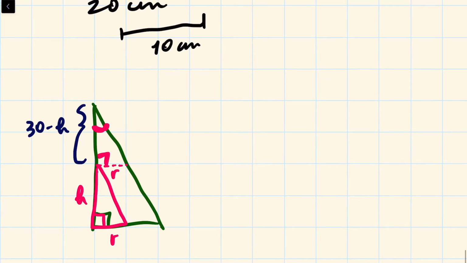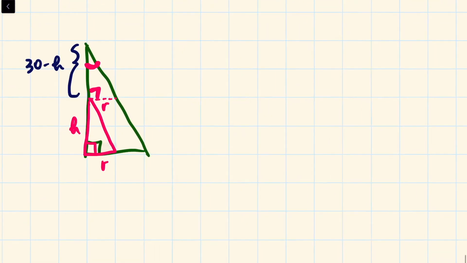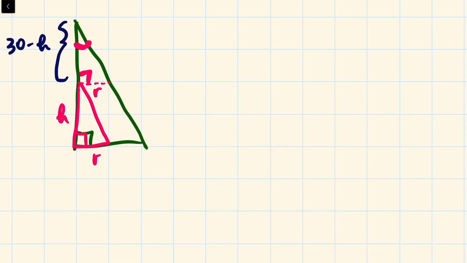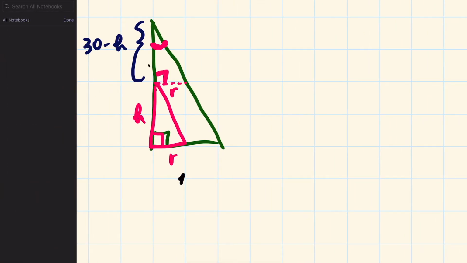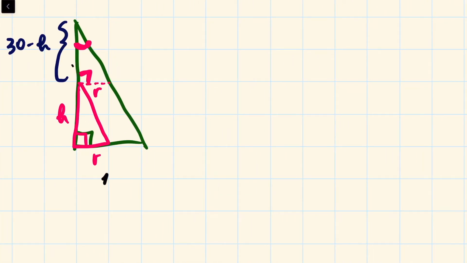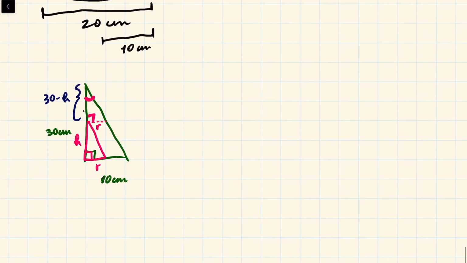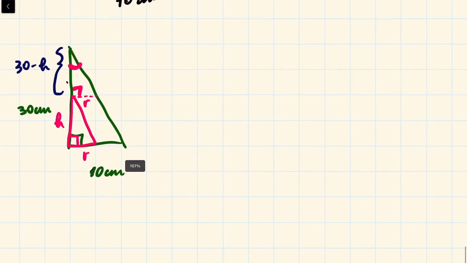Okay, so by this logic now, we can set up a kind of ratio here. Oh, and the bottom of this is 10 centimeters, and then the side of this is 30 centimeters for the height and the radius of the bigger cone.